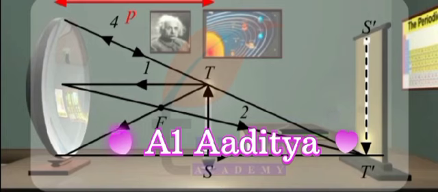Thus, T1 is the image of T. As is easily demonstrated, rays emanating from other parts of the object are brought into focus in the vicinity of T1 such that a complete image of the object is produced between S1 and T1.